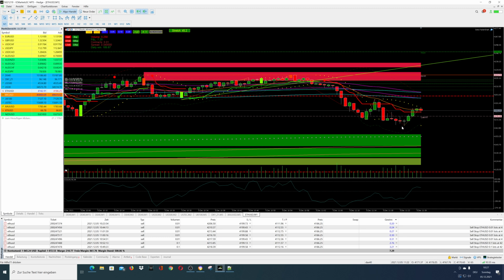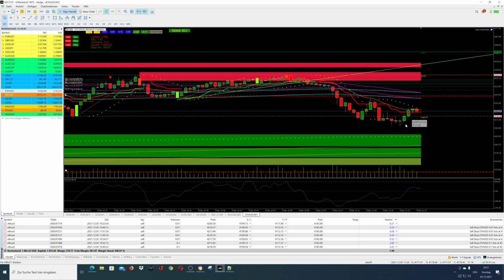We have to look. We always can count. We also can count the green bars. Here we have 3 green bars. We have 2 red bars, but 2 big red bars. Here we have 3 green bars.